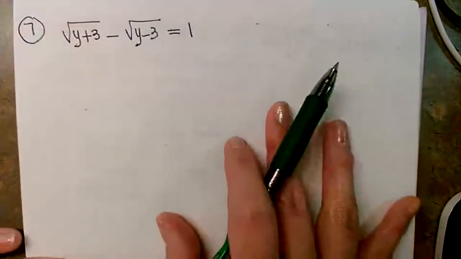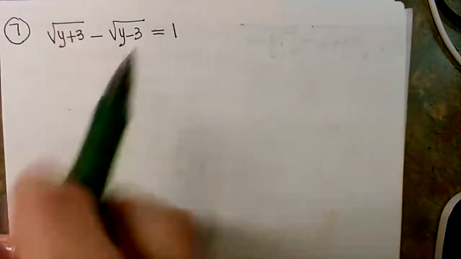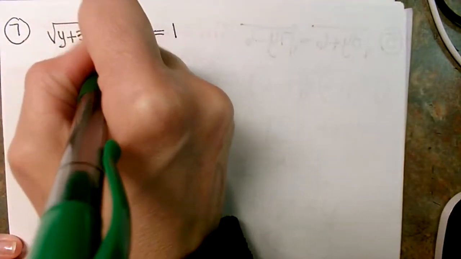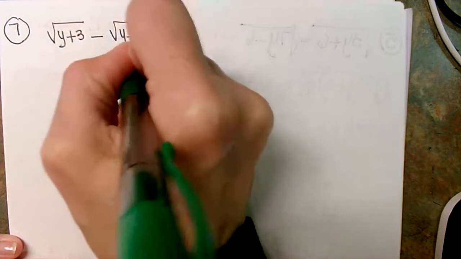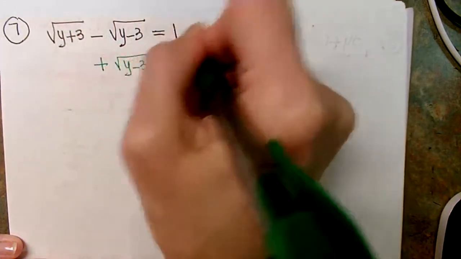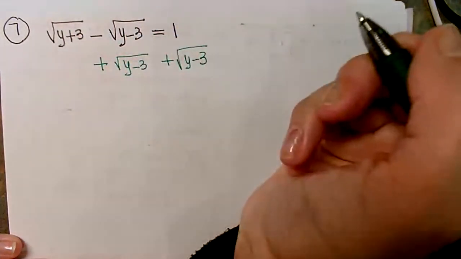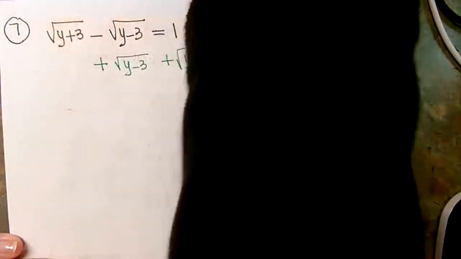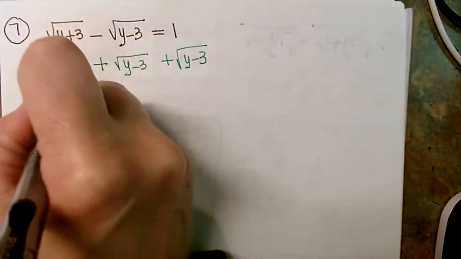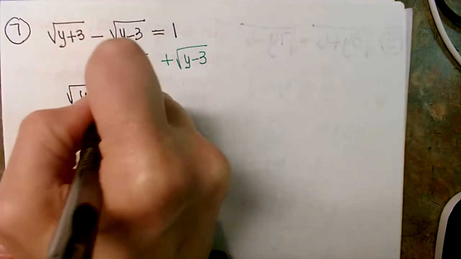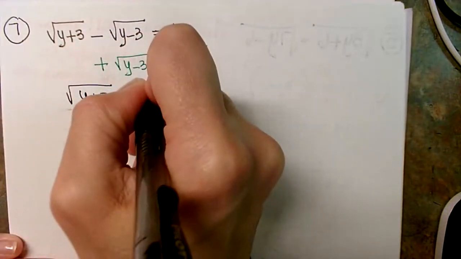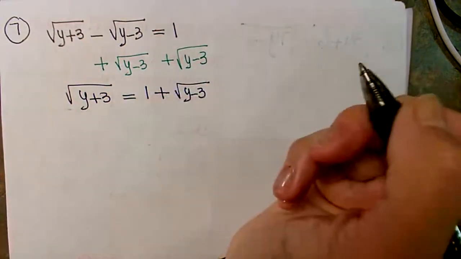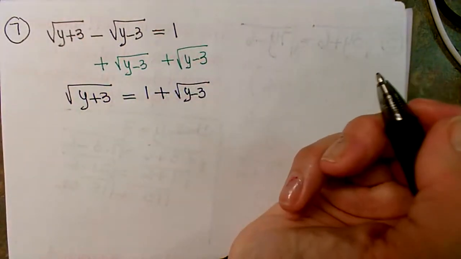Oh my God. So what we need to do is isolate the radicals. So we're going to add the square root of y minus 3 to both sides, right? What do I get when I do that? I get the square root of y plus 3 equals to 1 plus the square root of y minus 3, right?